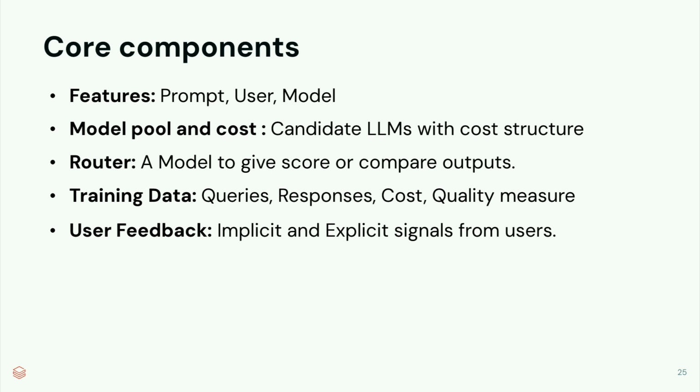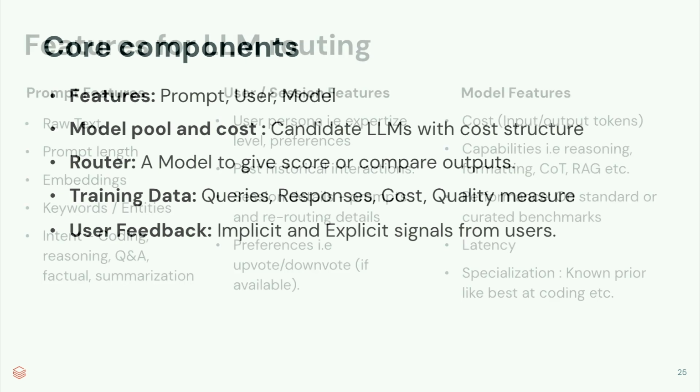The training data would include the query, the response, the LLM cost, and quality, in human form or some other way to give a quality measure, either through LLM as a judge. And of course, once you deploy these kinds of systems, you want to understand the explicit and implicit user feedback and make sure that you are not degrading quality just by putting a router in the middle as compared to using only one LLM API.